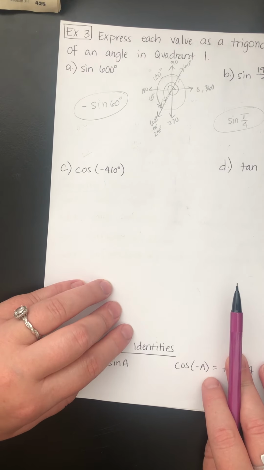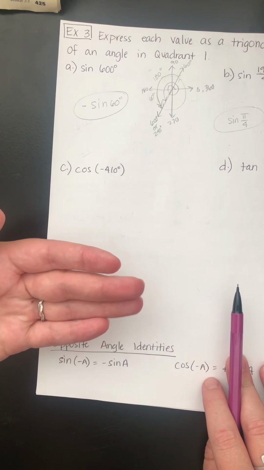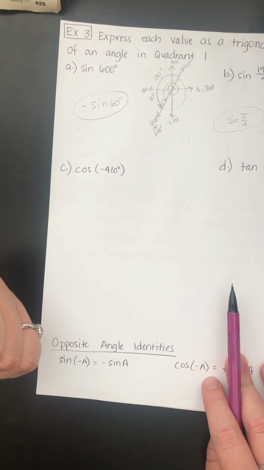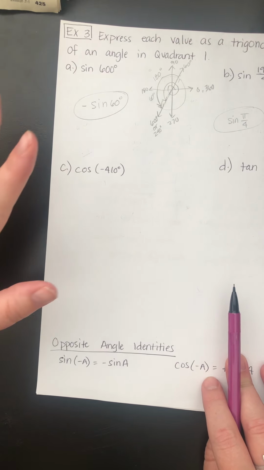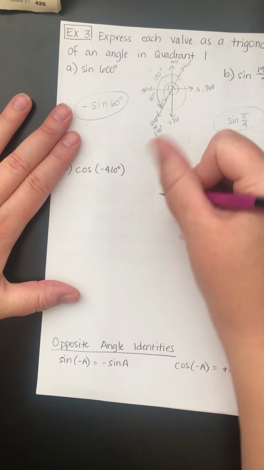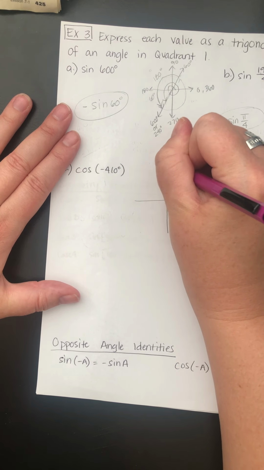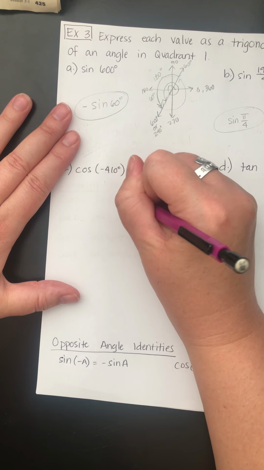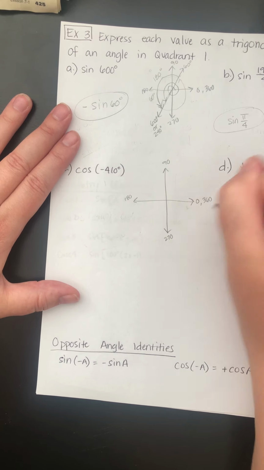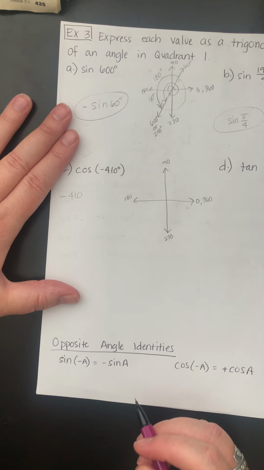Cosine of negative 410 degrees. If there's anything that we can add or subtract to get a multiple of 360, or an odd multiple of 180. Okay, we're working with degrees here. We have negative 410 degrees.